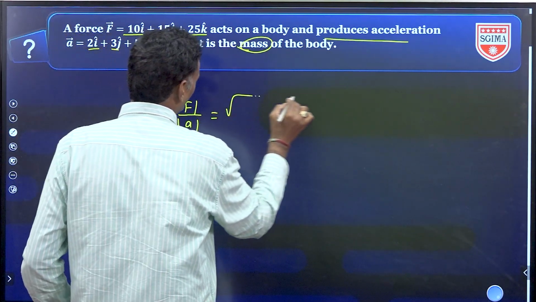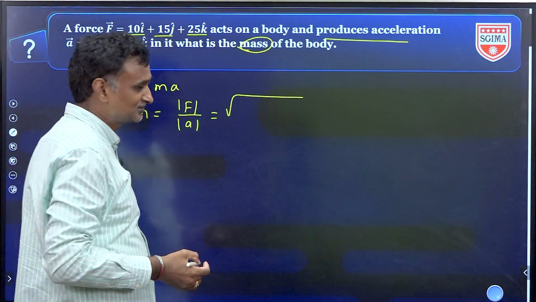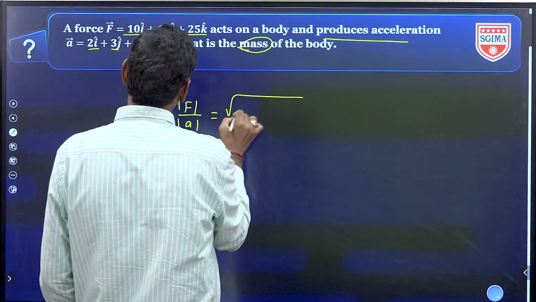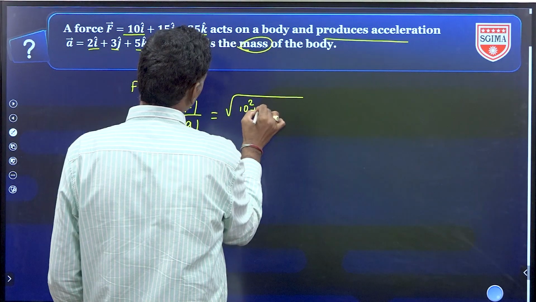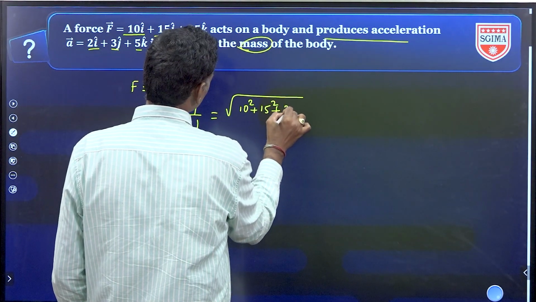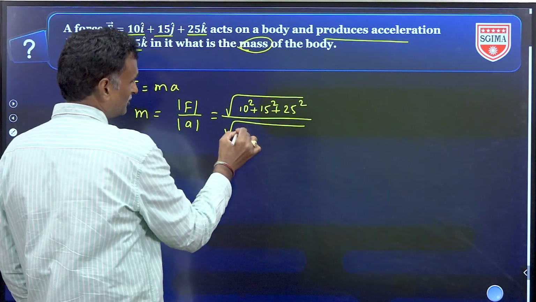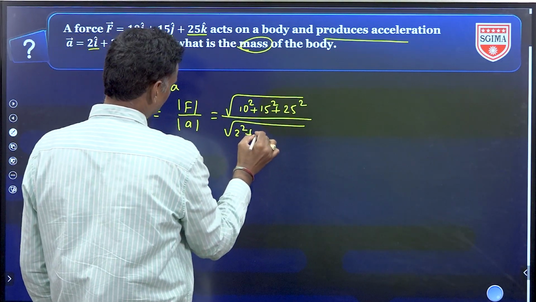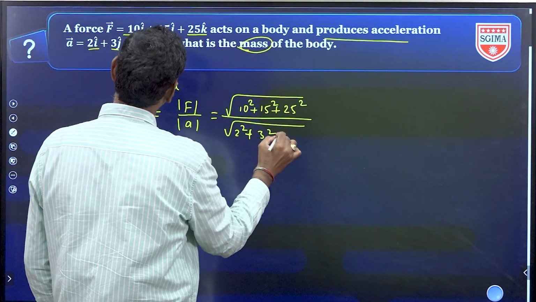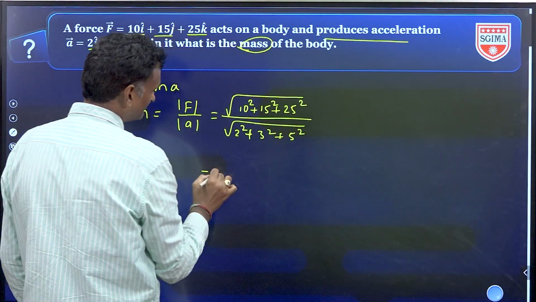And magnitude of a vector you might learn in the vectors lesson. So, it is a 3-dimensional vector. So, 10 square, 15 square, 25 square divided by 2 square plus 3 square plus 5 square.